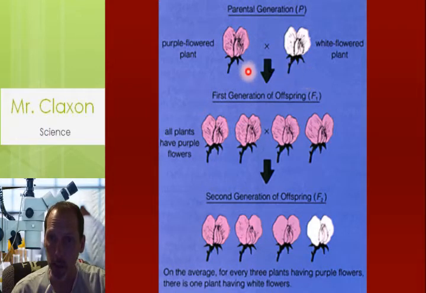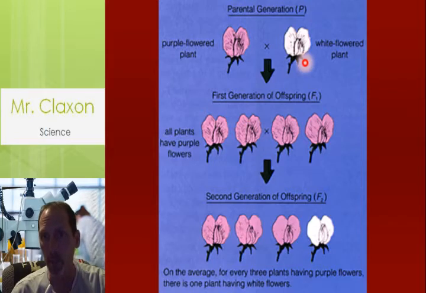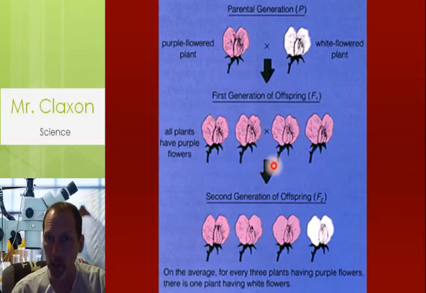You take the pollen from the pink, cross that over to the white, and take the pollen from the white, cross it over to the pink, and what do you get? Well, this first generation they call the F1. What if you get all pink flowers? What does that mean? Well, I guess that means that the characteristic pink or purple must be a dominant characteristic.